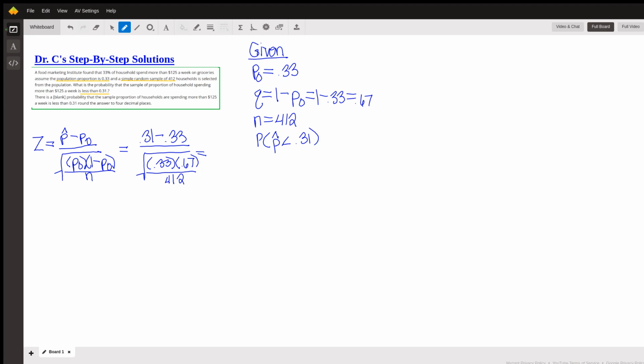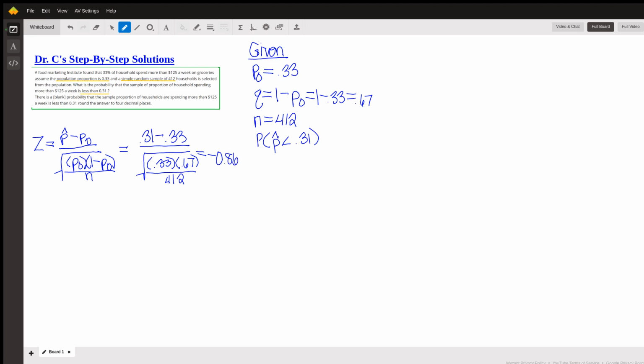So 0.33 times 0.67 divided by 412, and the square root of that is 0.023. So we have 0.31 minus 0.33 divided by this answer, and that gives us a negative 0.86. You always want to solve or do a z-score to two decimal places.